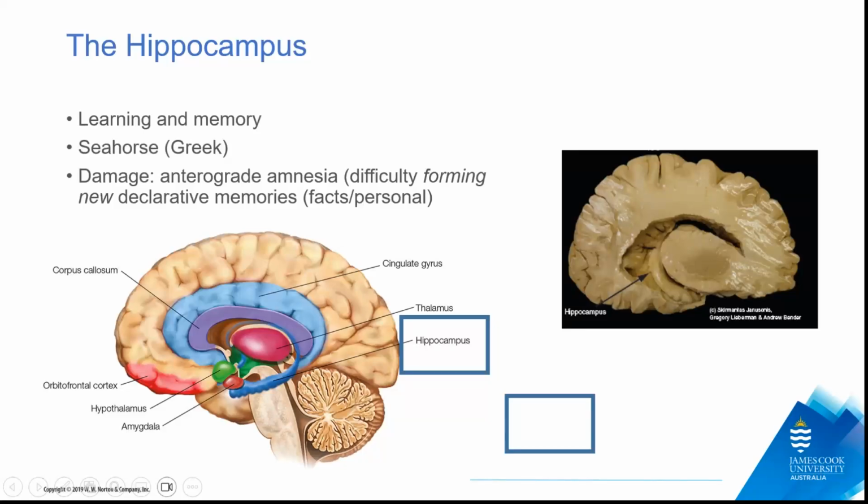You have difficulty forming new episodic declarative memories about yourself, about other people. But depending on the severity, you can also have retrograde amnesia, so things that happened to you many years ago, you can also forget them. When we come to the learning and memory lectures and talk about HM, you will see that he has both, very severe.